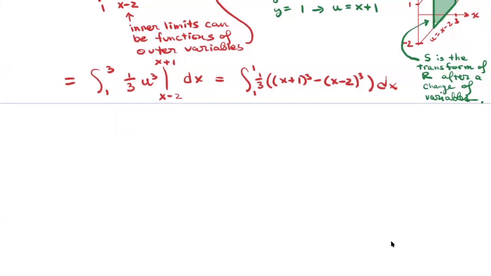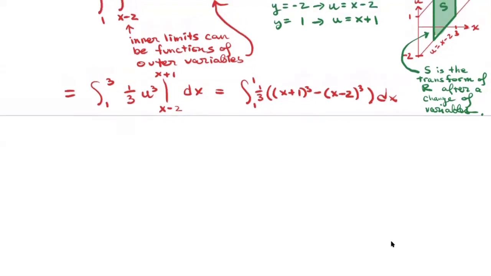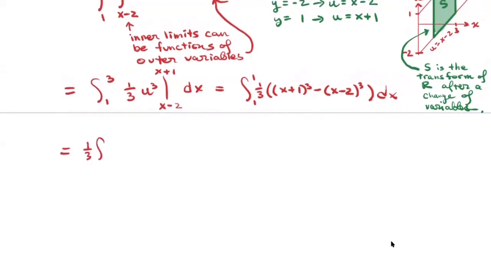On the first one, I'll do 1/3 integral from 1 to 3 of x plus 1 to the third dx, minus the next integral from 1 to 3 of x minus 2 to the third.